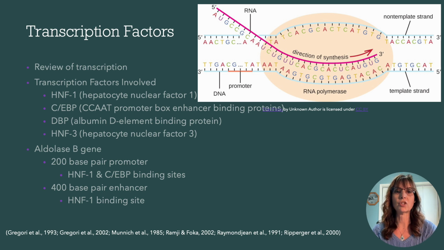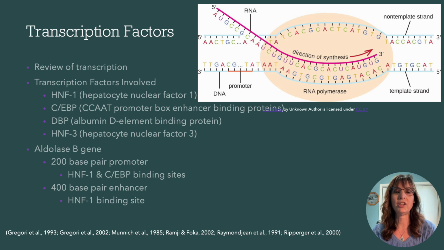Well, in the liver, research has shown a cooperation between C/EBP or possibly DBP being bound at the promoter and at least one HNF1 bound to the enhancer. So when you have one of these binding proteins on the promoter and one of the hepatocyte nuclear factors bound to the enhancer, this enhances the overall production of aldolase B.